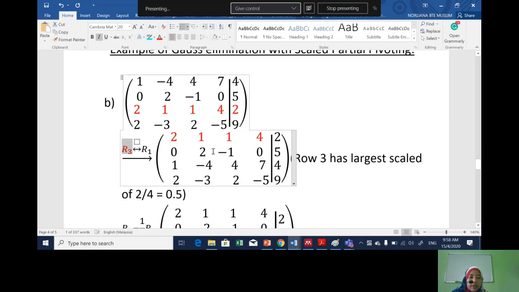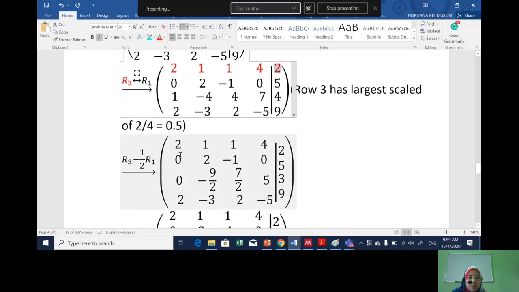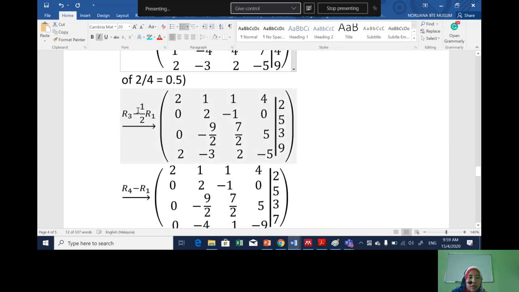The next step after we have pivoted because of the largest scaling is to make sure the remaining numbers below this one are 0. That means the entries in row 3, which is number 1, and row 4, which is number 2, must be made 0. Find out the formulation; this formulation explains the steps for row 3 and row 4.